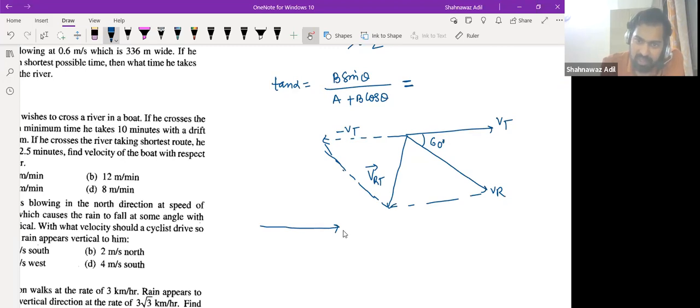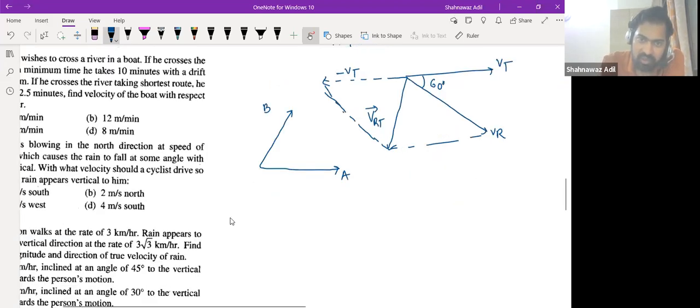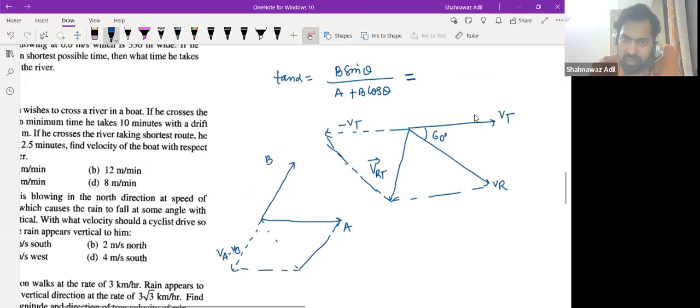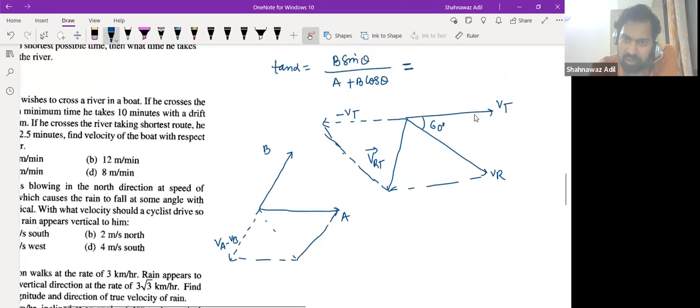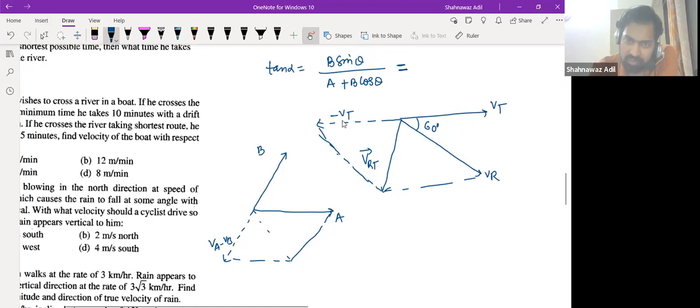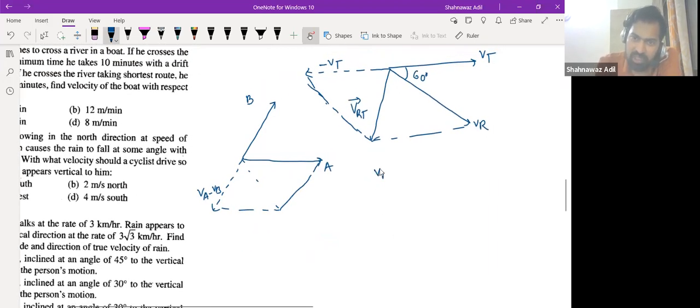Let's say we have this A, let's say we have this B, and then we find out what is VA minus VB, right? So this is our A, and this is our B, which means that B is Vt, and A is our Vr, right?